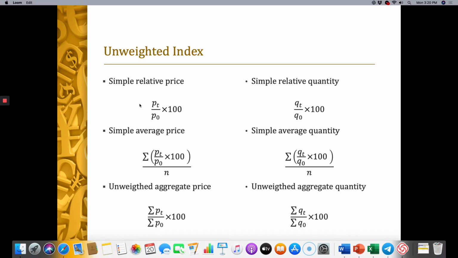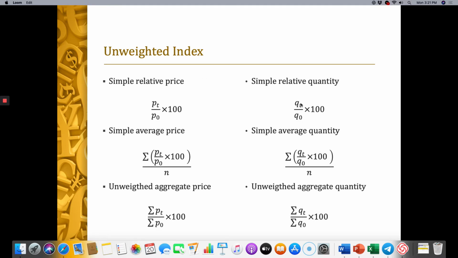Here are the formulas for unweighted index number: simple relative price, simple relative quantity, simple average, and unweighted aggregate. This unweighted aggregate, as I've mentioned previously, is known as simple aggregate index. For the simple relative price, the formula will be price of the current year divided by price of the base year.